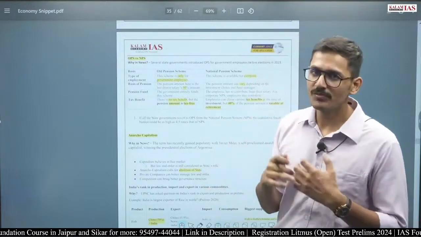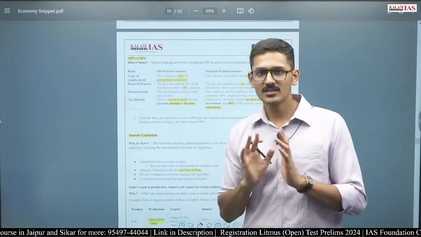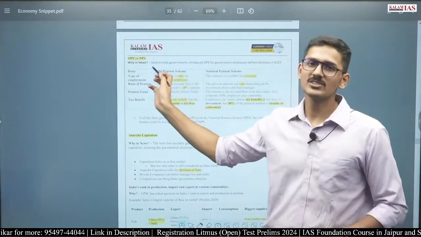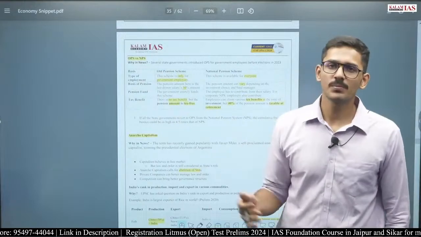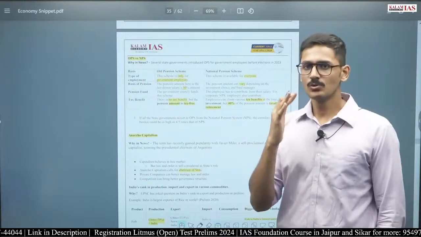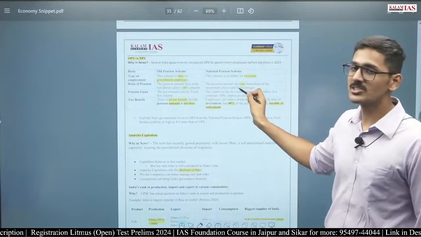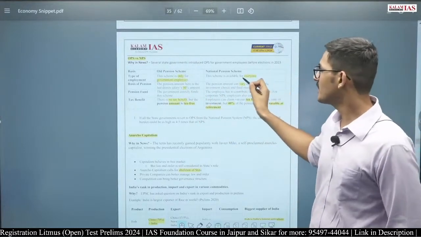There is no fixed amount that I will get under this pension. That is why government employees were favoring the old pension scheme, and it was used as a sop by the political parties to attract the voters. So OPS is 50%, whereas the NPS pension amount can vary. This can be availed by everyone.